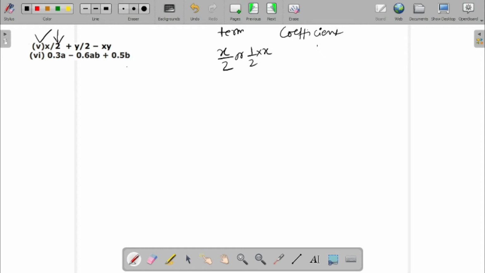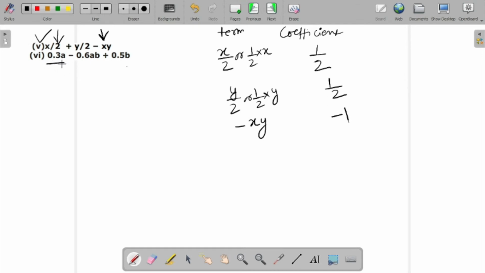So the coefficient will be half. In case of y upon 2 also, we can write it as half into y. So the coefficient is half. In the third part, minus xy, the coefficient is minus 1. So this is about the fifth part.